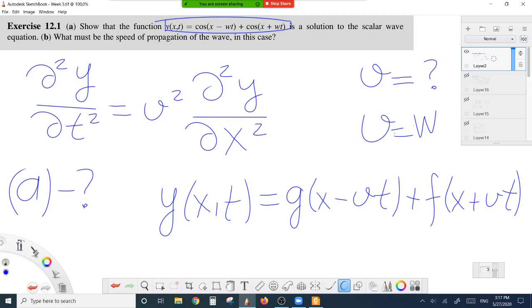And we see that this function is exactly in this form.